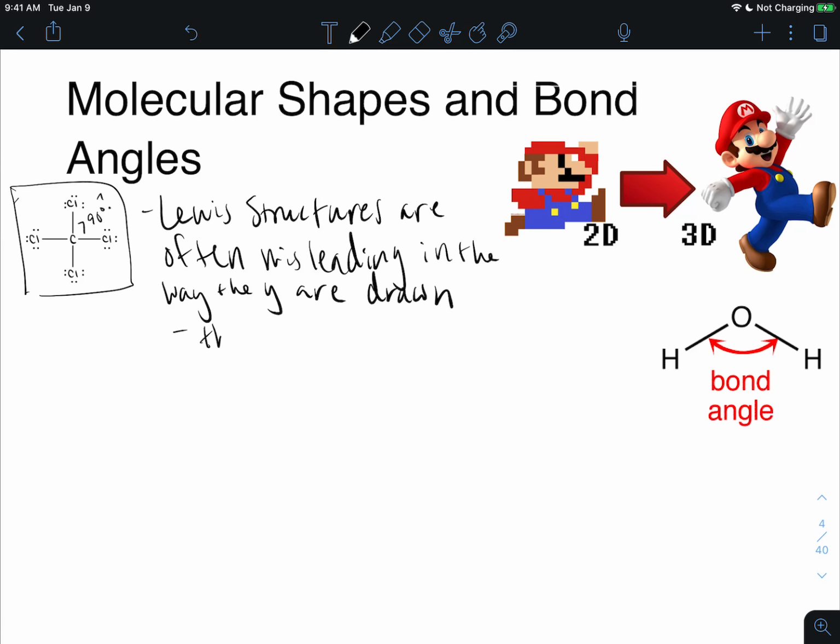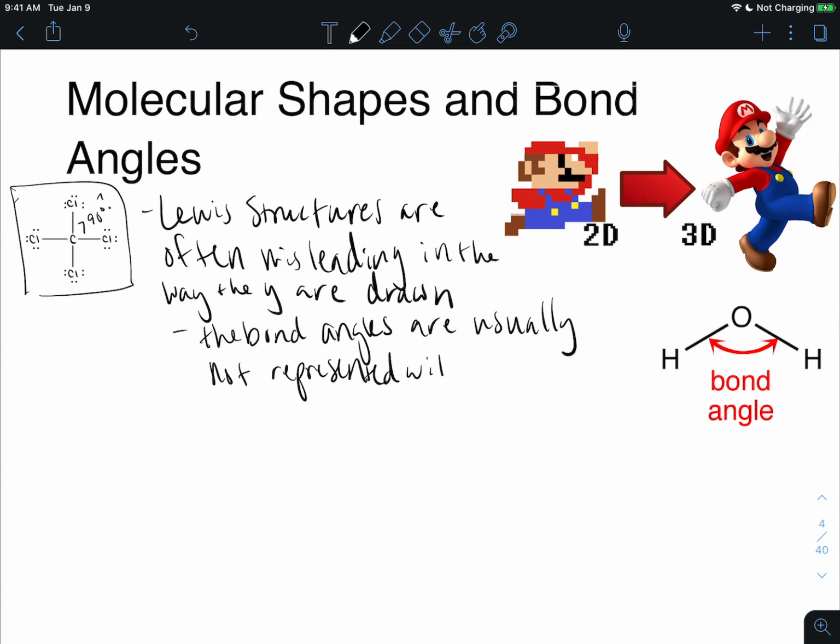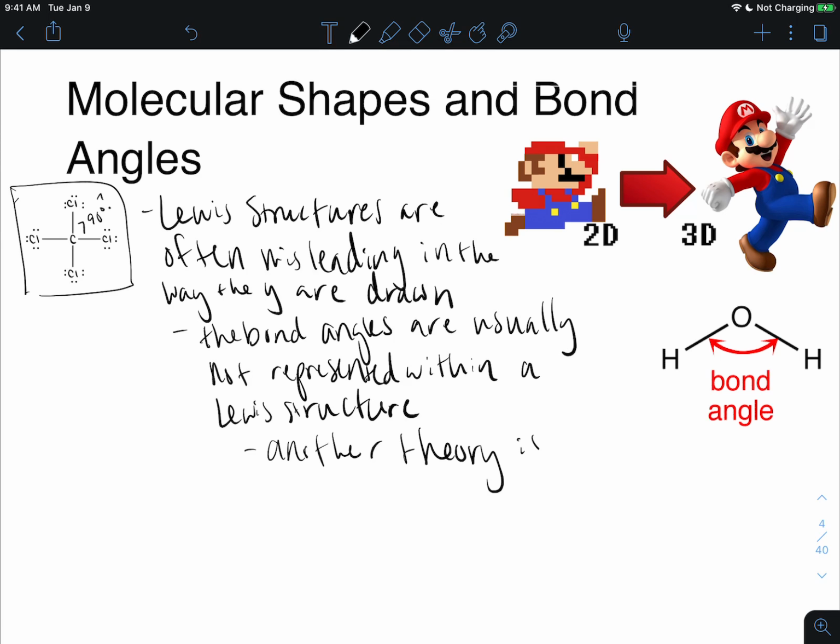So the bond angles are usually not represented within a Lewis structure, which is why we need another theory in order to determine the bond angles and our 3D shape.